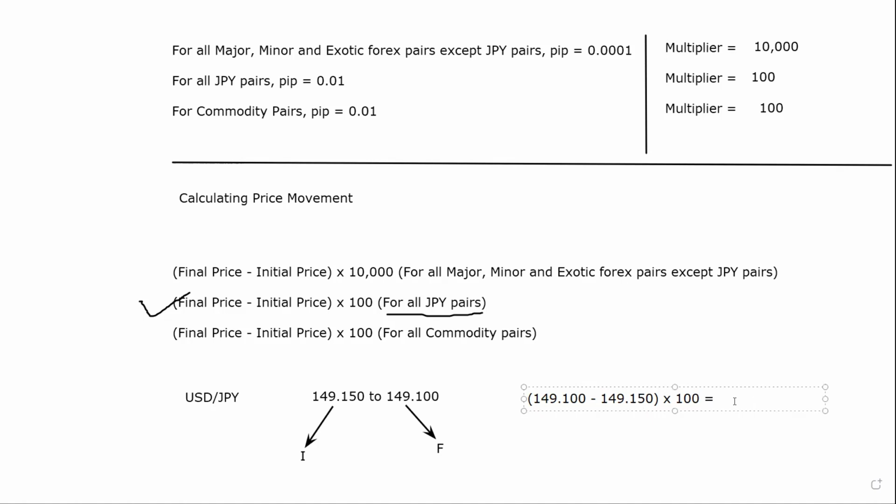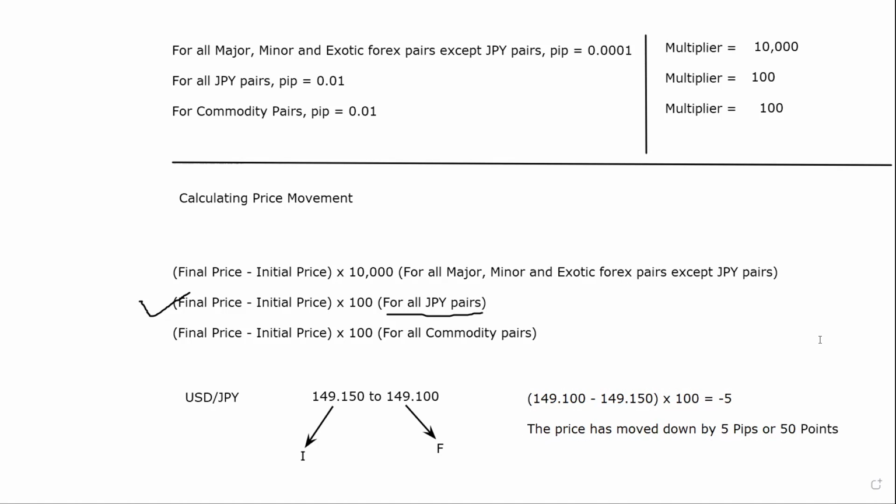The answer we will get is negative 5. So negative 5 here means the price has moved down by 5 pips or 50 points, because 5 pips is equivalent to 50 points.